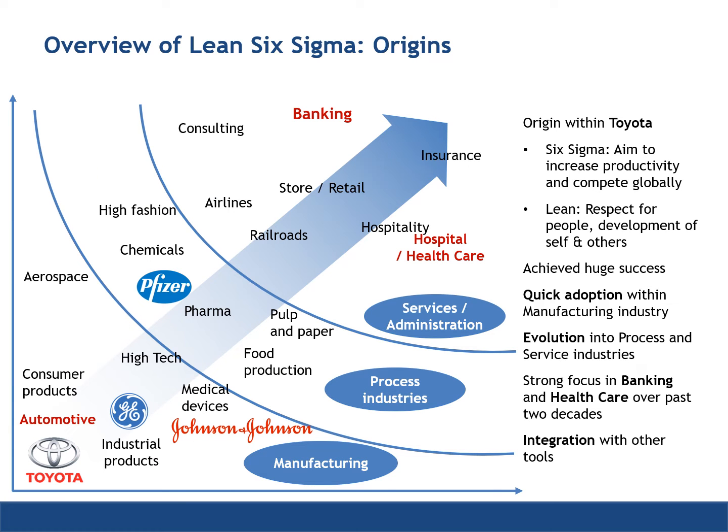We want to talk about the origin of Lean Six Sigma. If we talk about the Lean Six Sigma principles, it actually started a long time ago. In the manufacturing industries in the early 1900s, when car manufacturing companies started responding to high demands and meeting customer demands, they implemented a lot of the Lean Six Sigma principles.